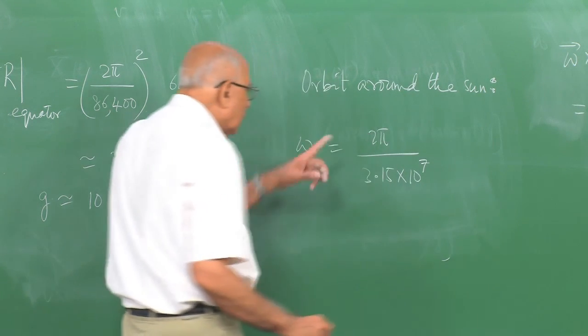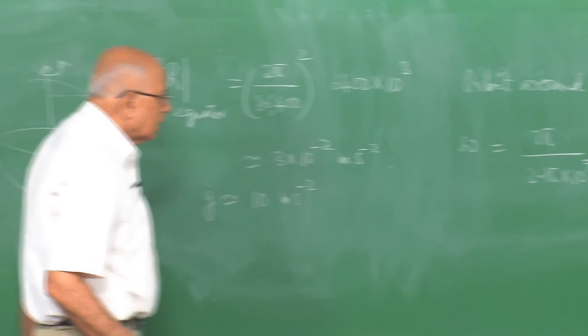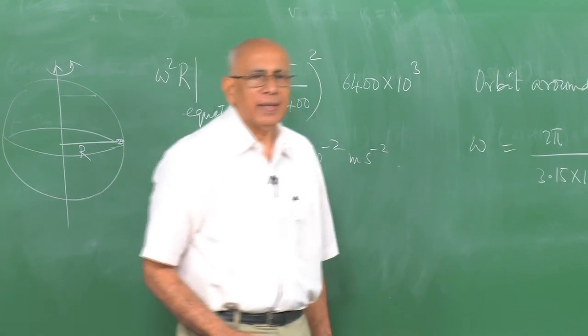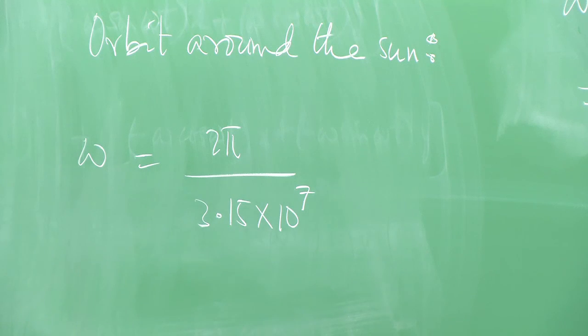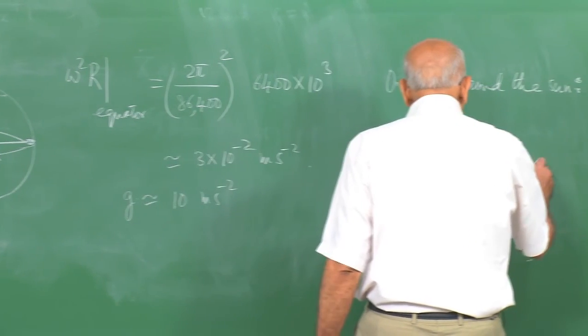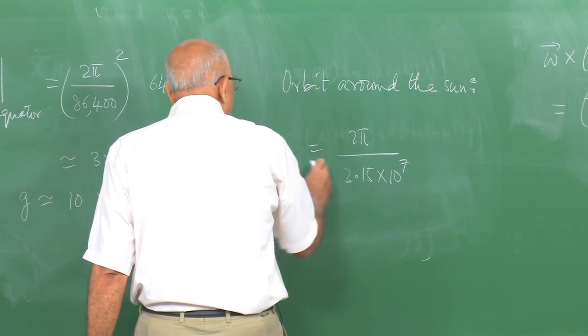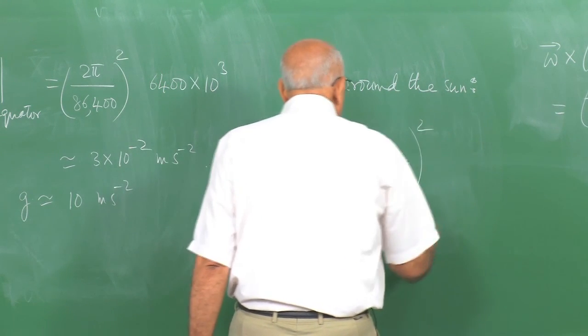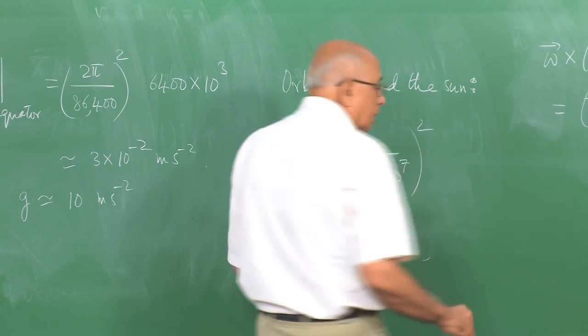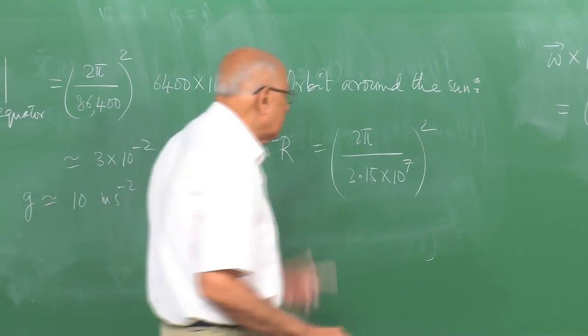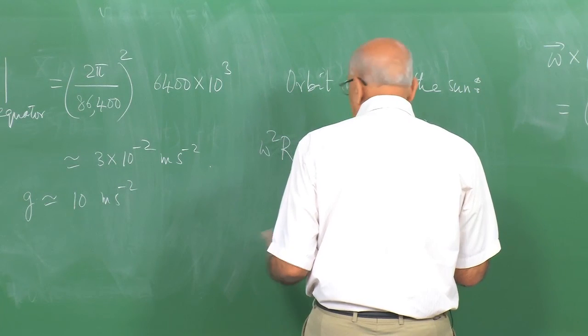That is a useful figure to remember always, because 3.15 is pretty close to pi, and you can cancel the pi's on top to get an order of magnitude estimate. So that is omega, and then omega squared times r, where r is the distance from the sun to the earth, 150 million kilometers.